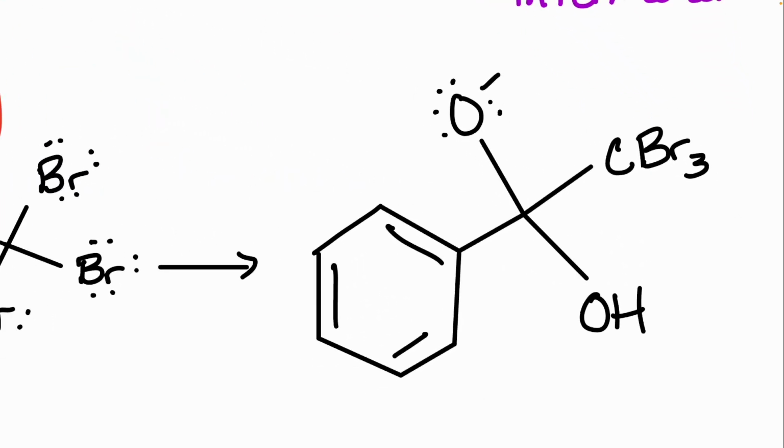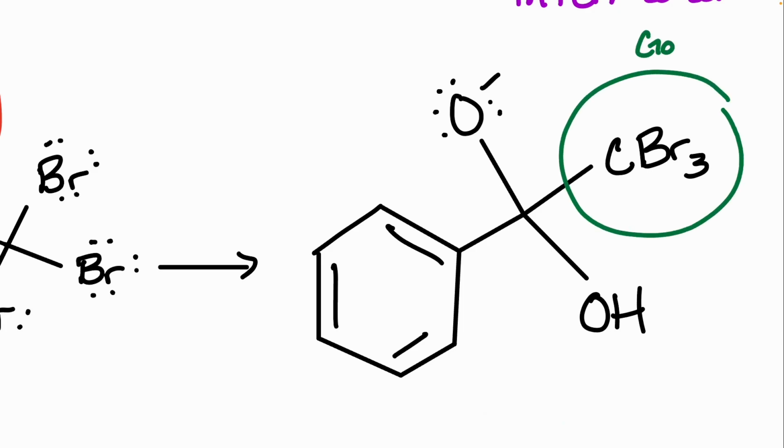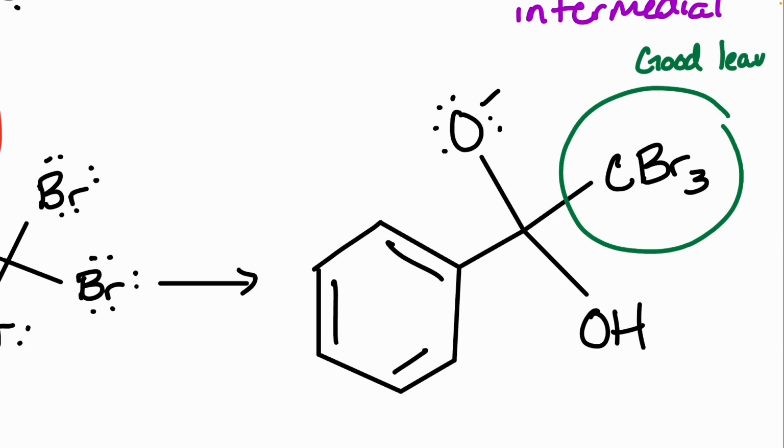What's different about this tetrahedral intermediate, remember we said that those halogens help stabilize that carbanion. I have a maximally halogenated carbon here. So this thing here is a good leaving group. It can leave, take that pair of electrons with it, and that will be a carbanion, but that carbanion is stabilized by those halogens. Good leaving group.